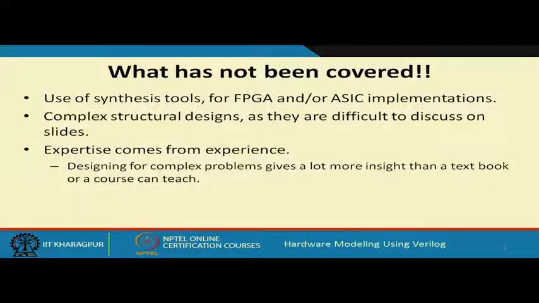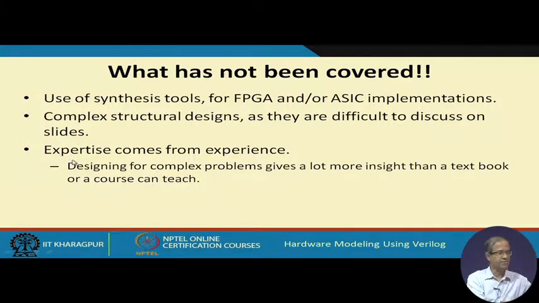So, you already have very good books available on Verilog, and there is a huge resource available on the internet. If you do a search, you will get a lot of interesting material on design. And of course, the last thing I want to emphasize very clearly is that you cannot be an expert by just attending a 20-hour course. This is just an introduction to Verilog. I just told you what Verilog is and how to write simple code using it.